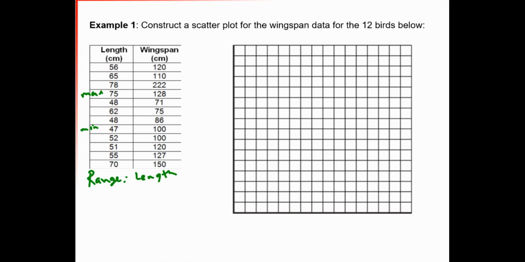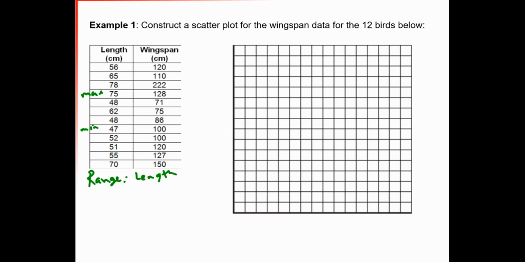We're looking at constructing a scatter plot for the wingspan and length data for 12 birds below. So we're thinking that a bird is longer if its wingspan is longer. If its wingspan is long, then it's probably a longer bird also.